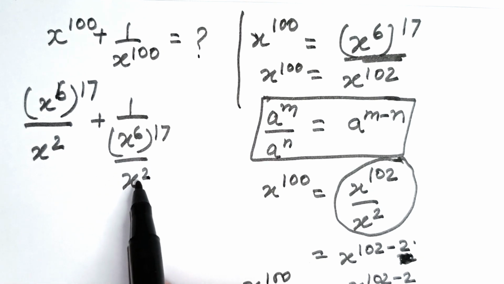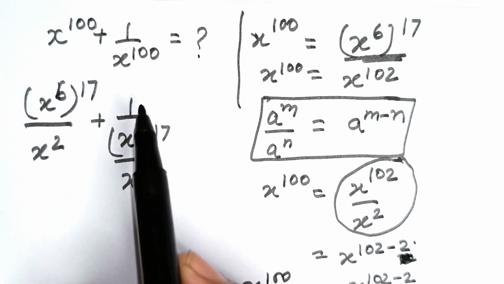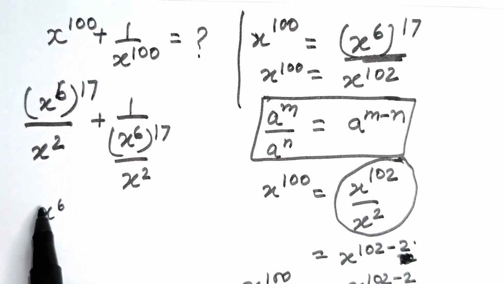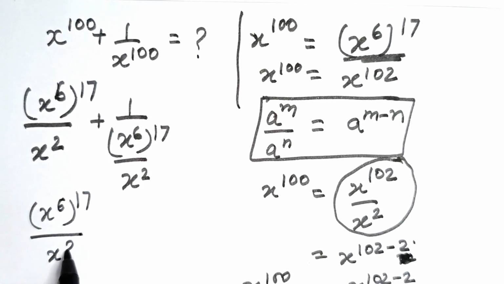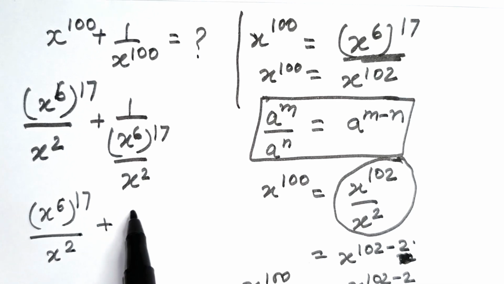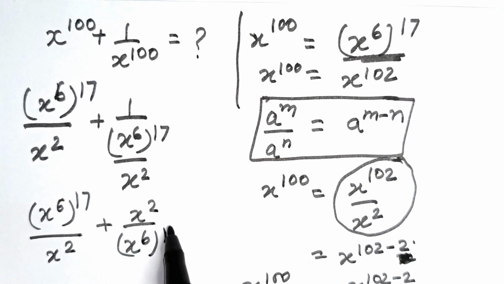Now this will move to the numerator and this will become x to the power 6 to the power 17 upon x to the power 2 plus x to the power 2 upon x to the power 6 to the power 17.